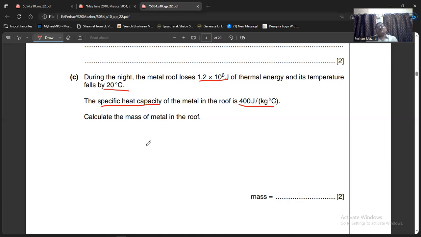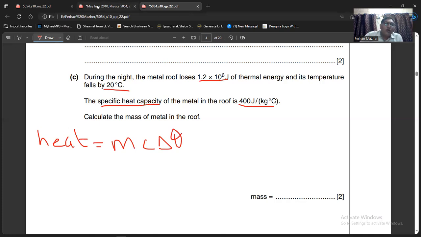Whenever there is a change in temperature, we always use the formula: heat is equal to m c delta theta. By using this formula I can calculate the mass.